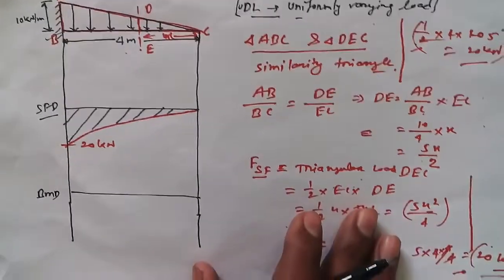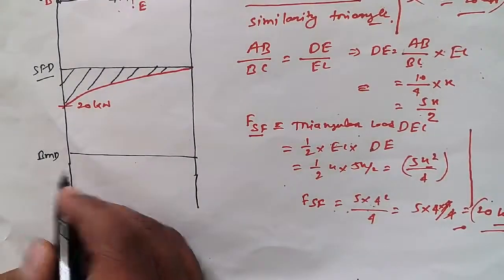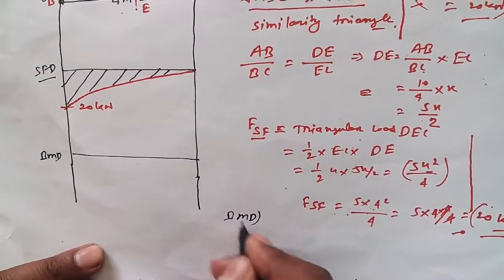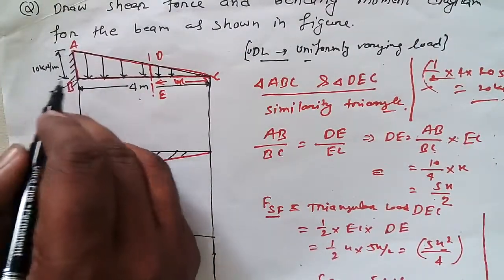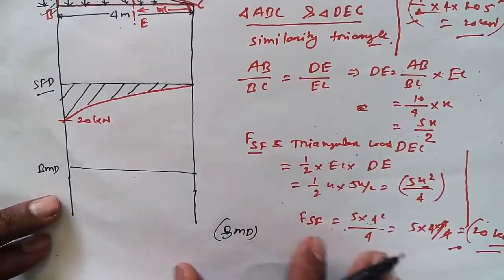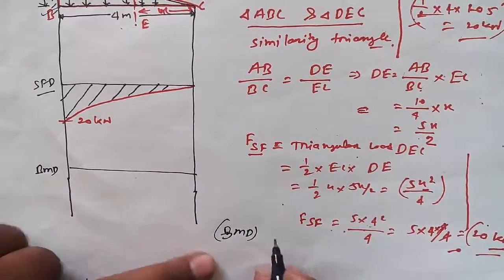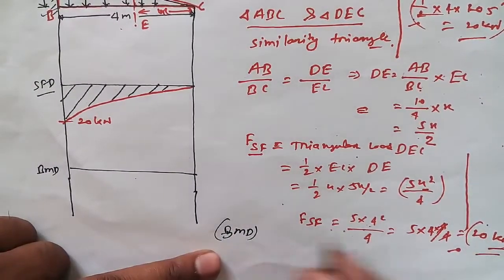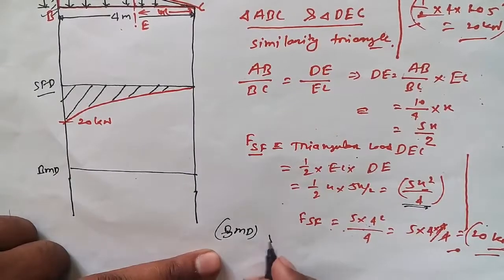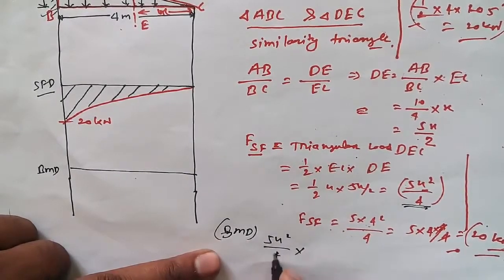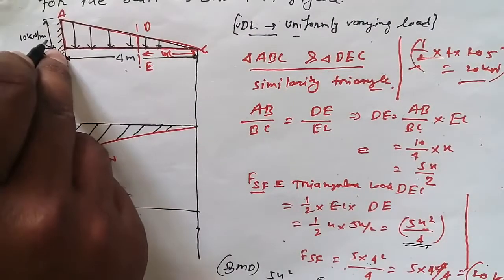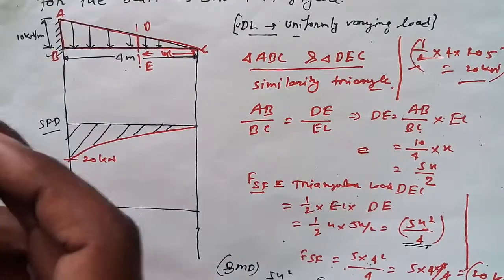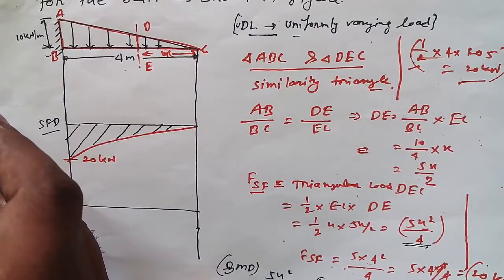If the thicker side is on the fixed side, we have to multiply the shear force standard formula 5x square upon 4 into x by 3. We always do this if the thicker side is fixed, or we will consider it in the case of a simply supported beam.